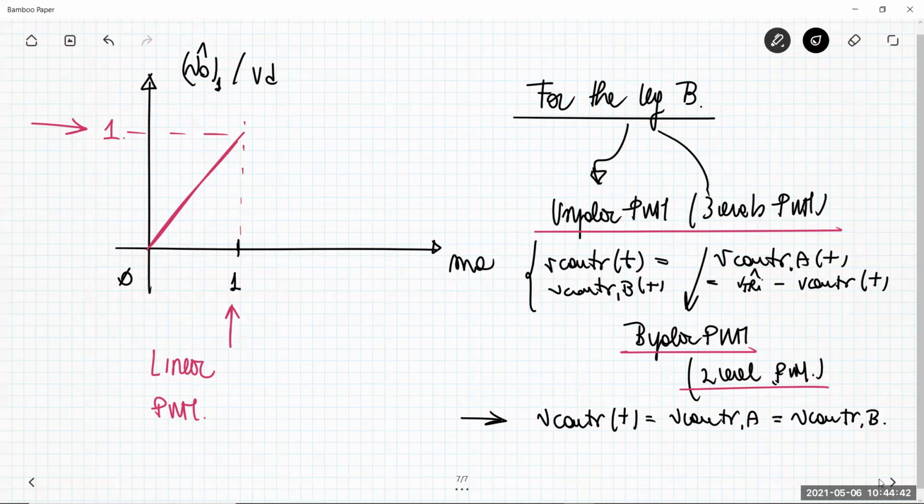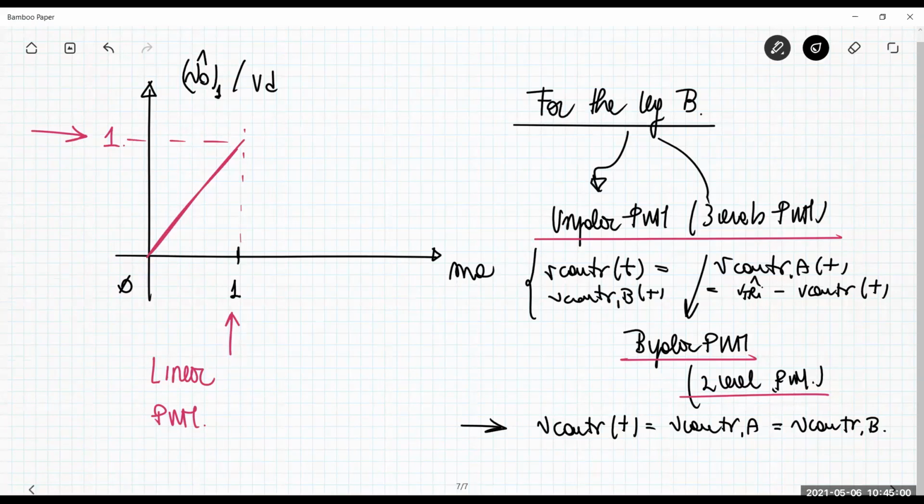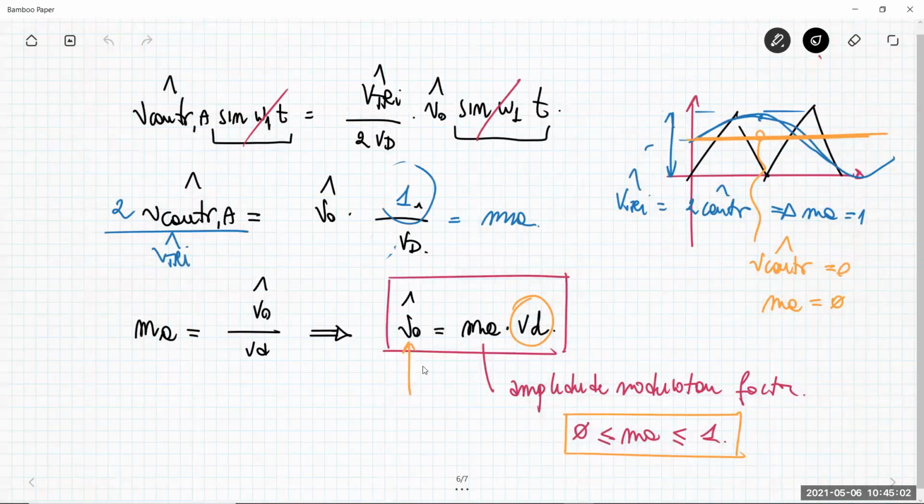What I want to stress here is that my output is no more a DC quantity. The output at the end of the modulator will be a sine wave having the same frequency of the control voltage and having an amplitude which can be derived simply by using this linear relationship, VD multiplied by MA. So it's something that can be modulated. If you want to change the frequency of the output, you have to change the frequency of the control voltage.